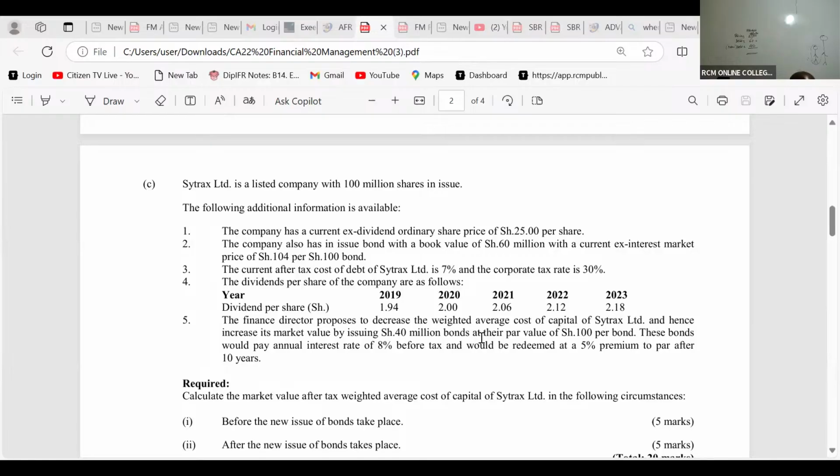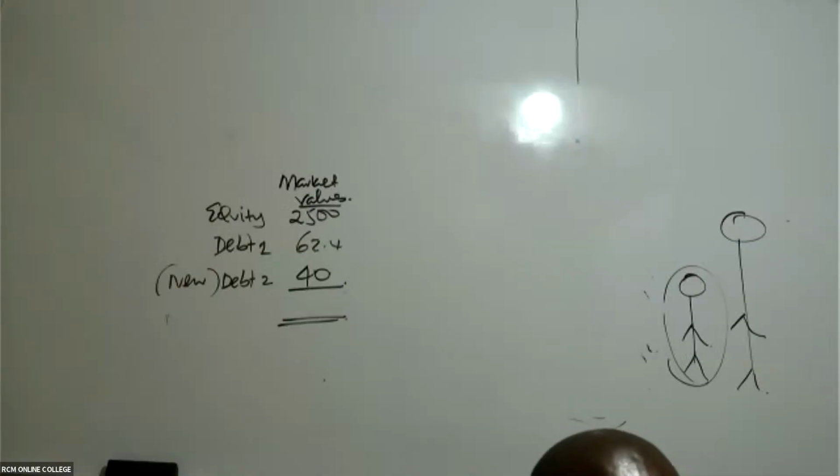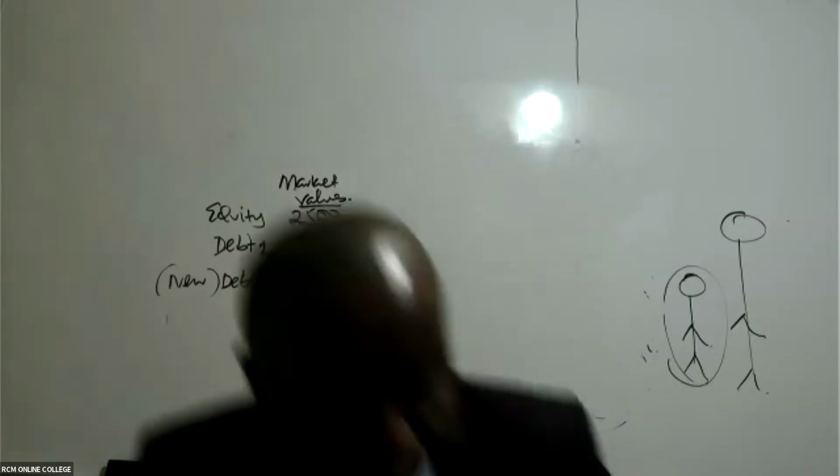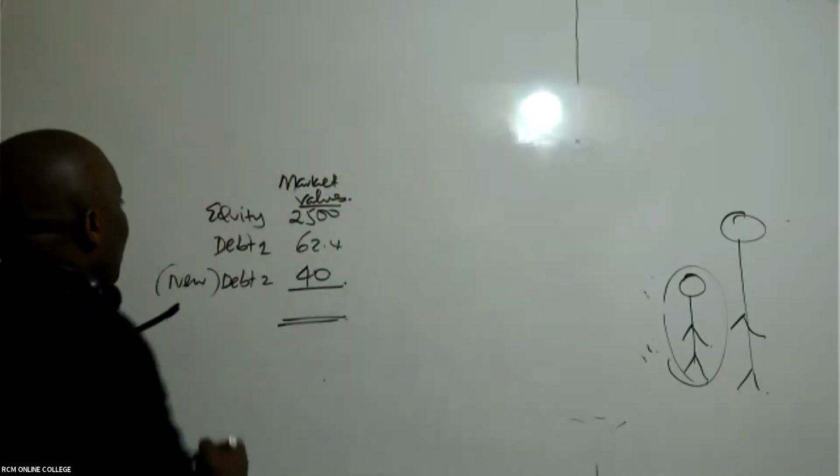So that's the market value. Can somebody kindly give me this particular figure now when you add everything? What is the total value? Yeah, 2602.4.